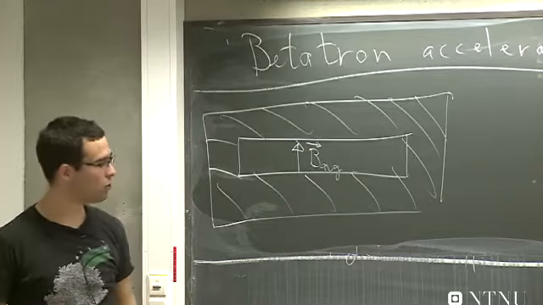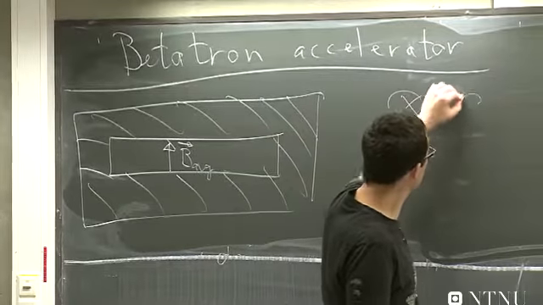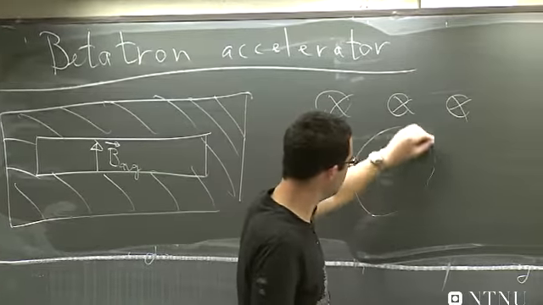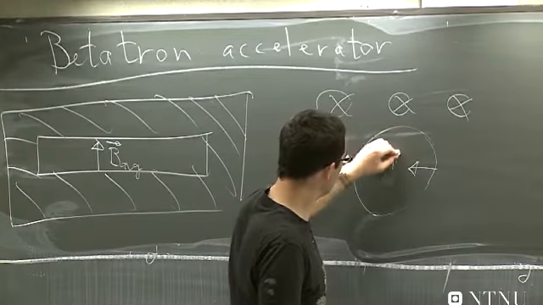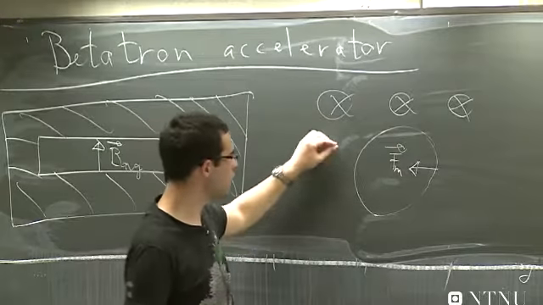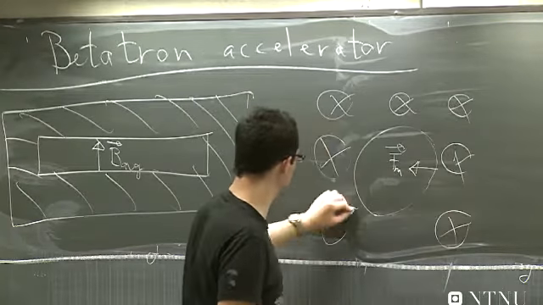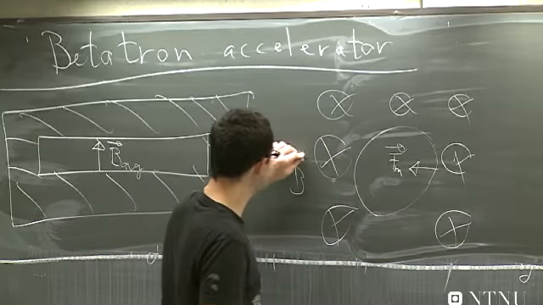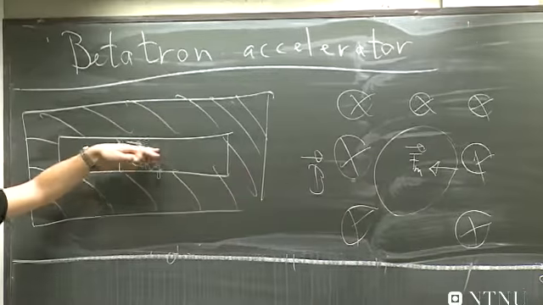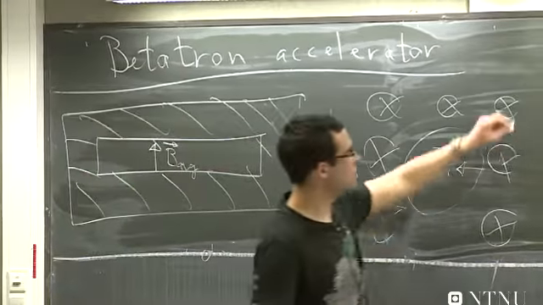Well, it's just centrifugal force balancing magnetic force. Small sketch of principle. You have some magnetic force pulling it in towards the center. So if I take this orbit, it's going to be tilted like this, spinning around in my Betatron accelerator.